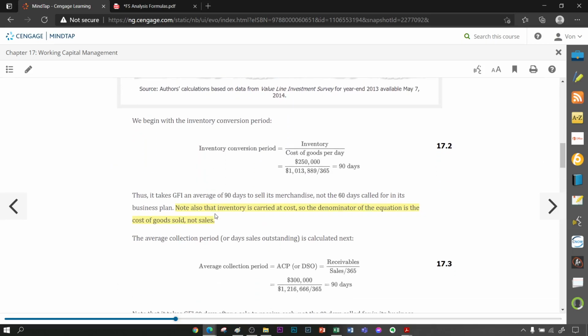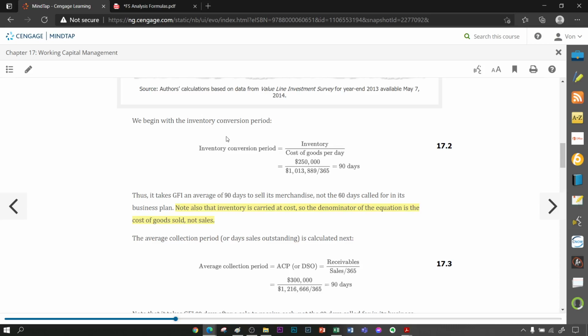We begin with the inventory conversion period. Okay, so ito, formula na, no? Inventory conversion period. Nilabas mo na ba yung index card mo? Labas mo na. Sulat mo na to. Inventory conversion period. Yan ang formula. Inventory divided by cost of goods sold per day.